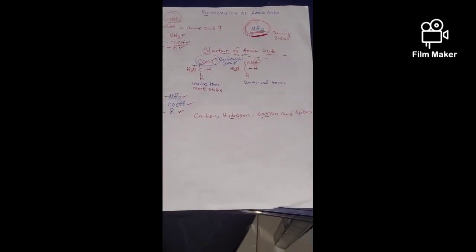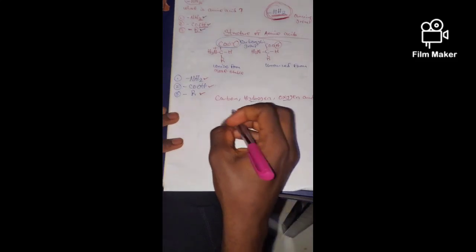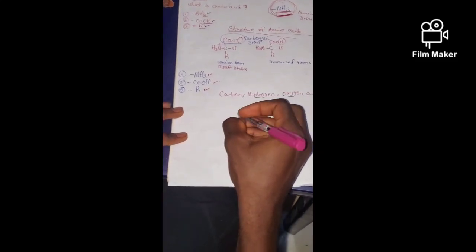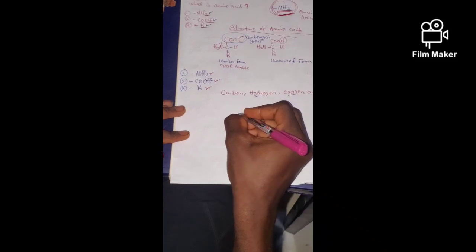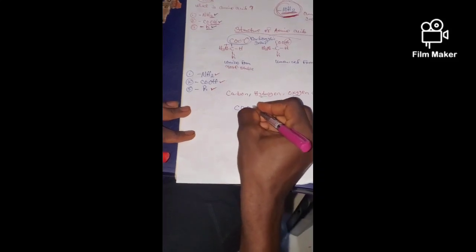All right, very quickly we are going to be looking into the structure of amino acids. We are going to be understanding the chemistry behind the structure of amino acids. I'm going to give you the most stable structure of amino acids.